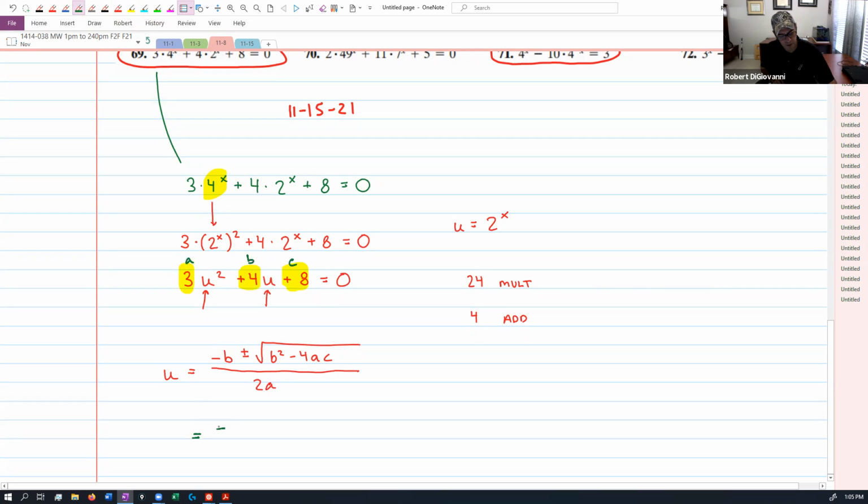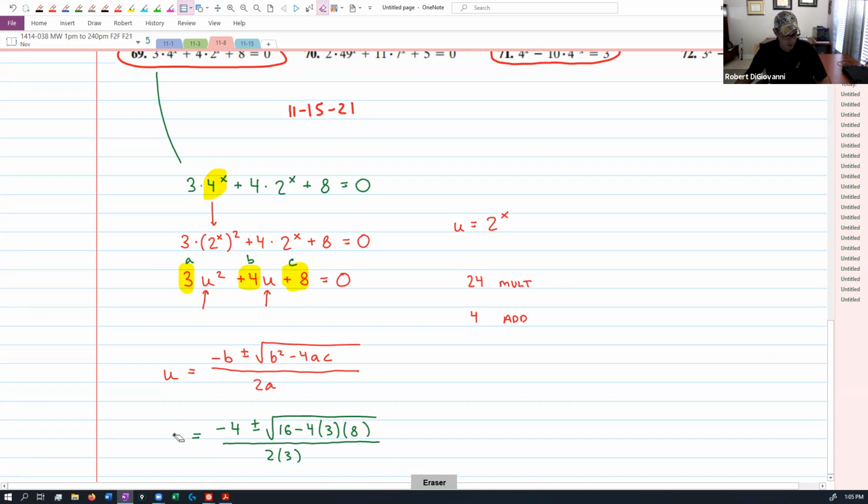Negative b should be negative 4 plus or minus the square root of b squared. So we square our 4, we get 16, minus 4 times a times c, over 2 times a, like that.